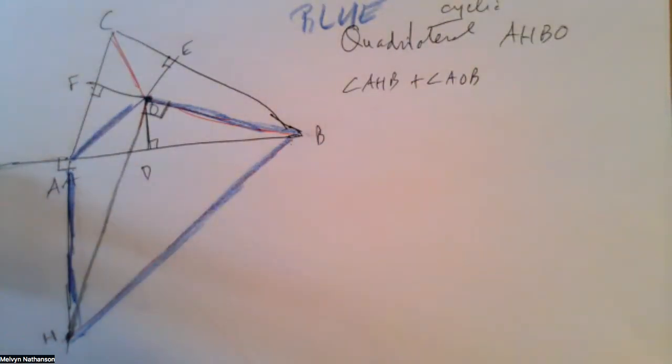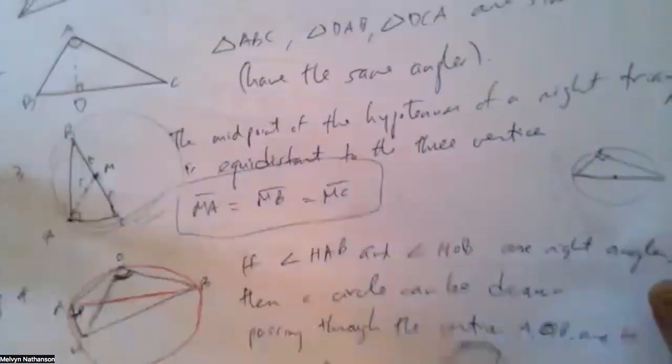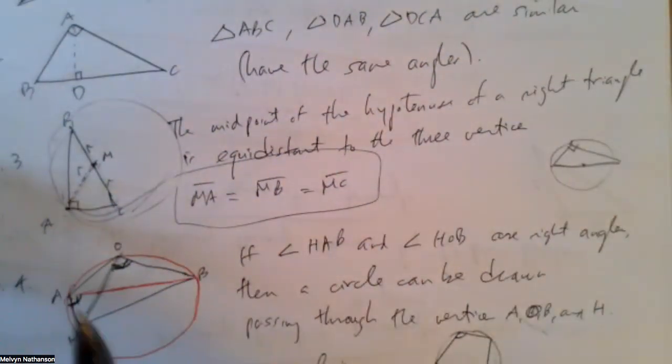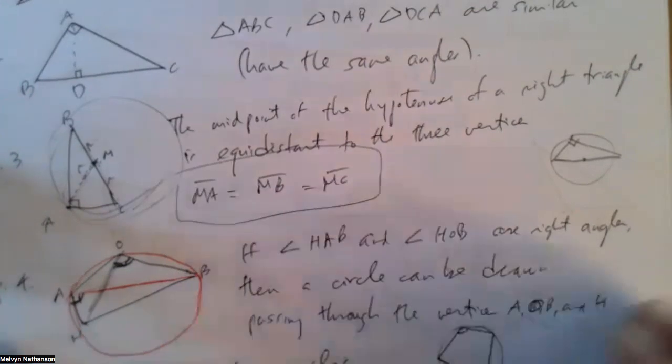What was our strange condition a moment ago for a cyclic quadrilateral? If we look at proposition 4, this is what I had started with.